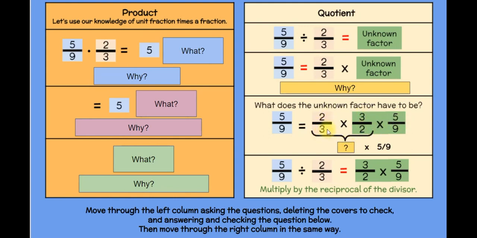Why? Because 2/3 times its reciprocal equals 1. And 1 times 5/9 equals 5/9. Now we have a balanced equation. We can take this original unknown factor and rewrite it. 5/9 divided by 2/3 is really the same as taking the reciprocal and multiplying by 5/9.